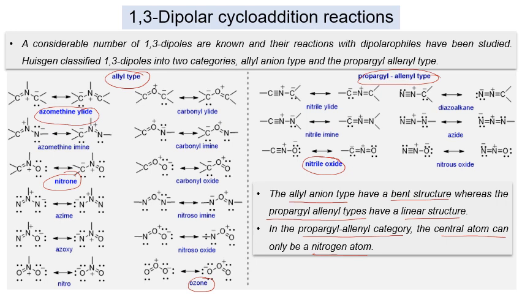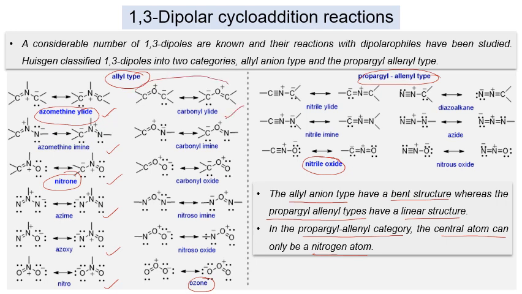So, a variety of dipoles are depicted in this particular figure, in which you can have, as we had seen, azomethine ylides, azomethine imines, nitrones, azoxys, nitros, carbonyl ylides.